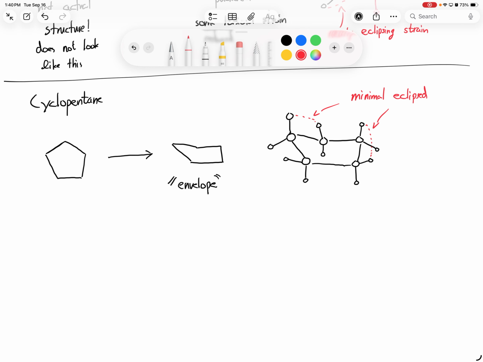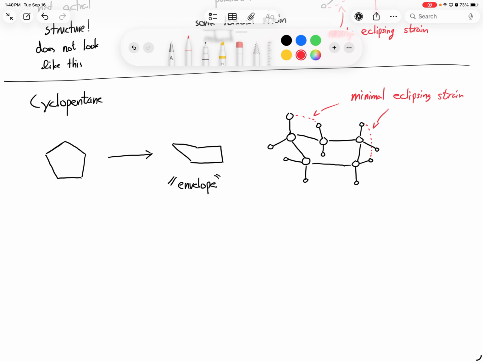Those hydrogens are now so far apart because of the additional carbon atom, which gives some more flexibility. Now there's really minimal torsional strain here.